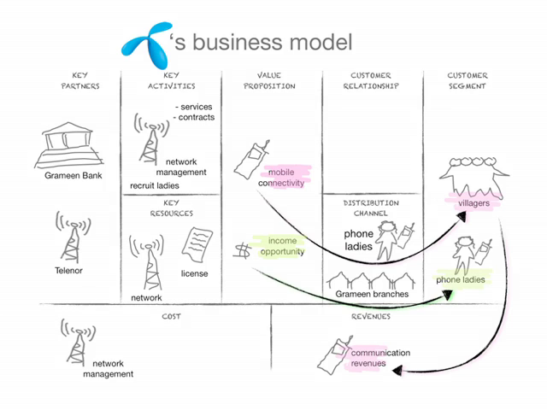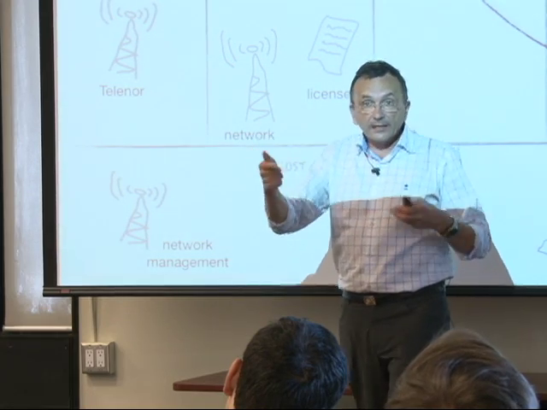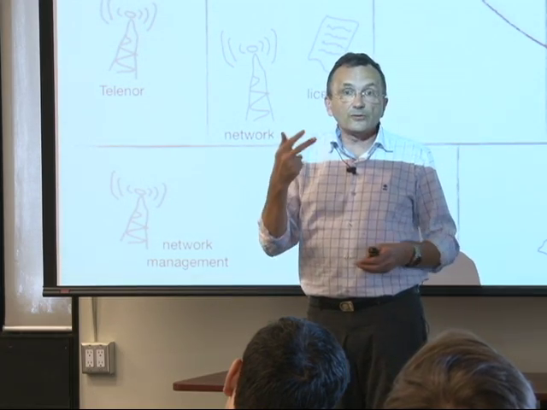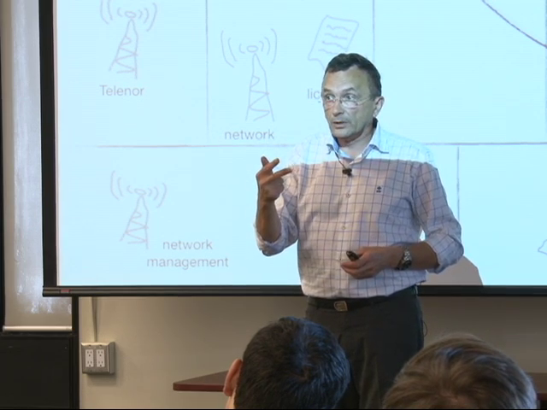So it means, since it's a normal telecom operator, they had to adapt the left-hand side part. They had to have a network, they had to buy the license to operate this business, which they had to pay to the government. And the main activities are the traditional activities for a telecom operator: you have to maintain the network, you have to maintain the contract with your customers, and you have to offer some services on this network.